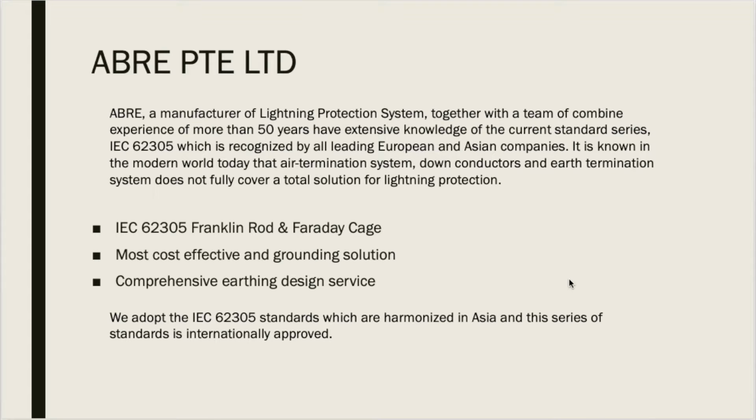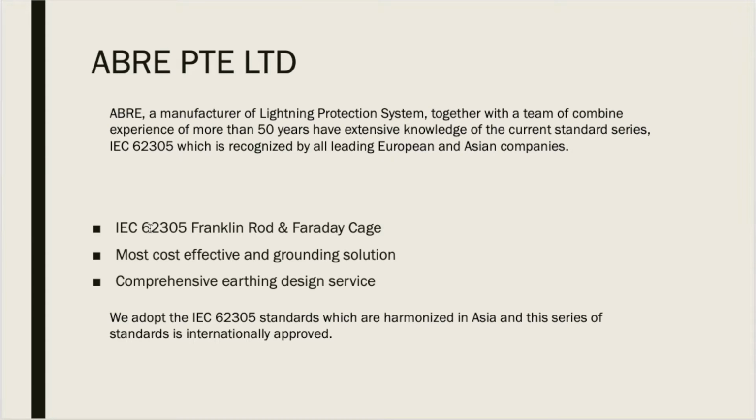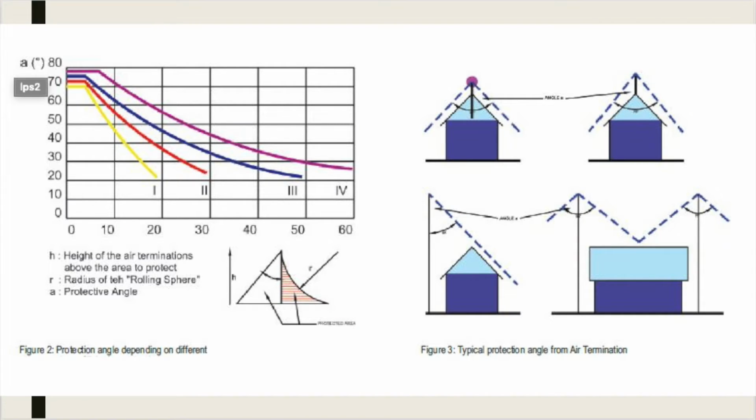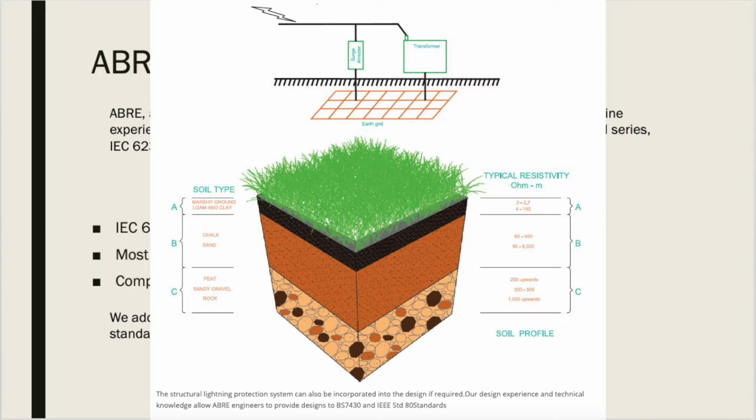They adopt the IEC 62305 standard, which is harmonized in Asia, and this series of standards is internationally approved. Their products are IEC 62305 Franklin Rod and Faraday cage, the most cost-effective, and grounding solution and comprehensive earthing design service.